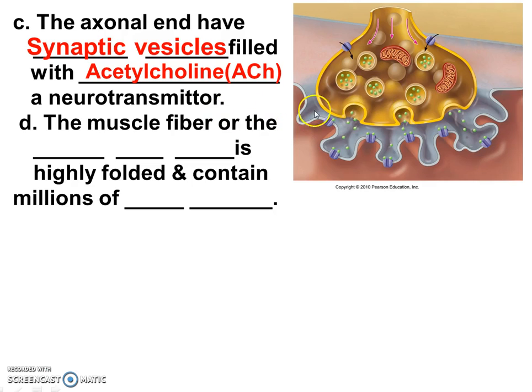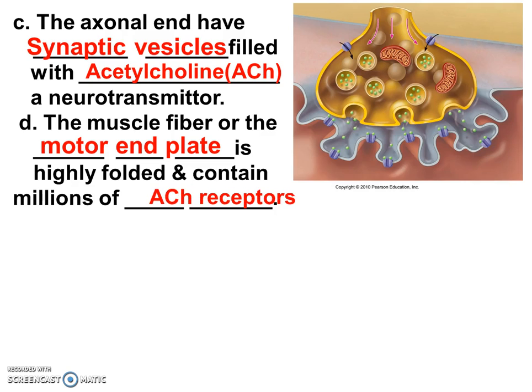The muscle fiber is very folded and has these little receptors for acetylcholine. So the motor end plate is highly folded. Remember, taking a given space and dividing it into smaller pieces increases surface area, and it contains millions of acetylcholine receptors.